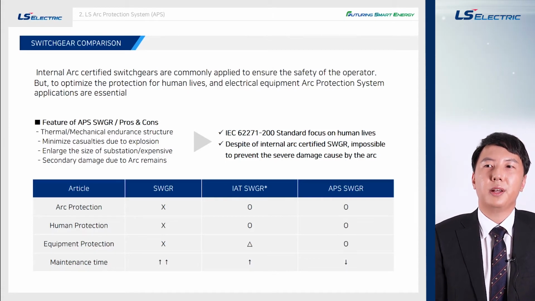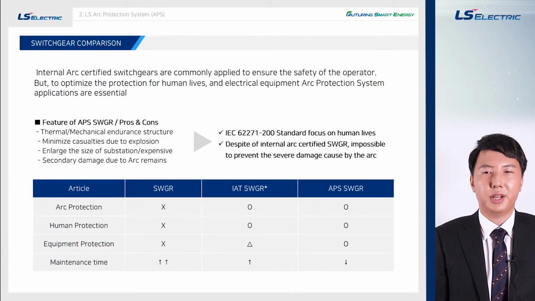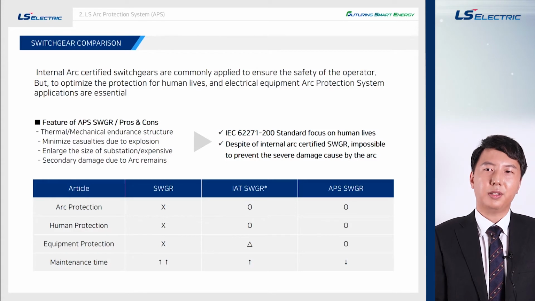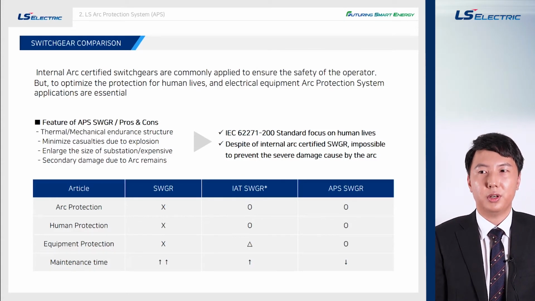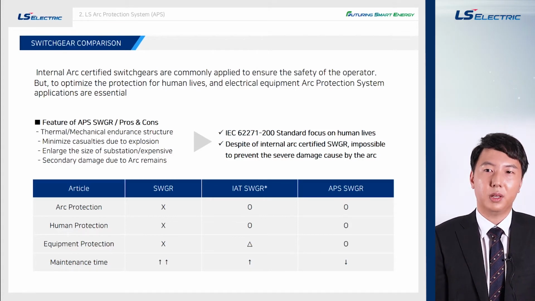Internal arc certified switchgears are commonly applied to ensure the safety of the operator. To optimize the protection for human lives and electrical equipment, arc protection system applications are essential. The comparison of the ordinary switchgear, internal arc tested switchgear, and APS applied switchgear is shown below in the table.